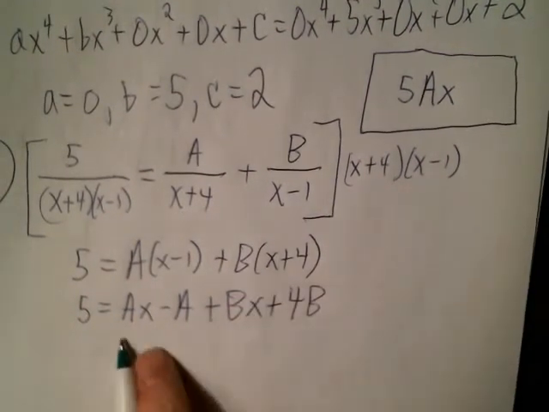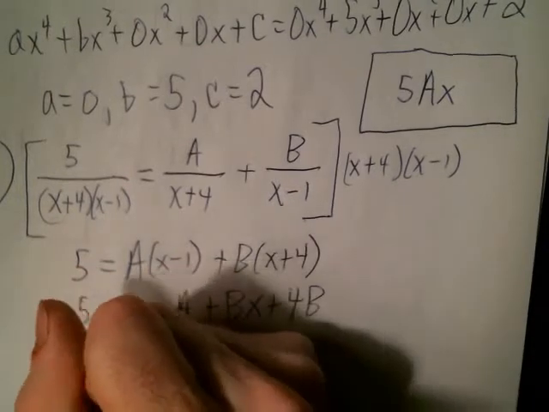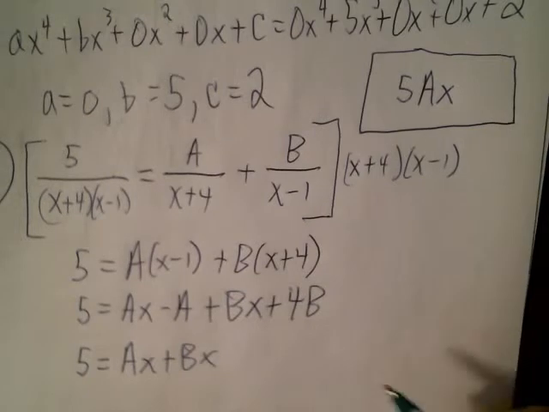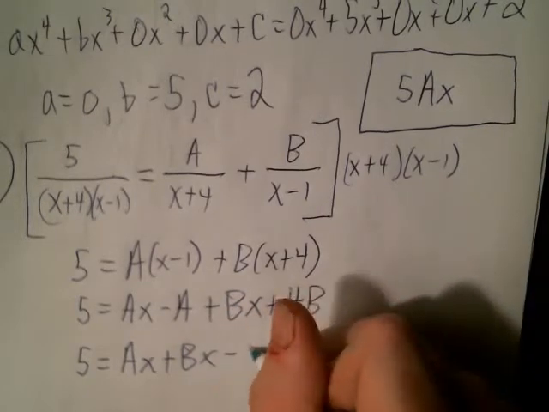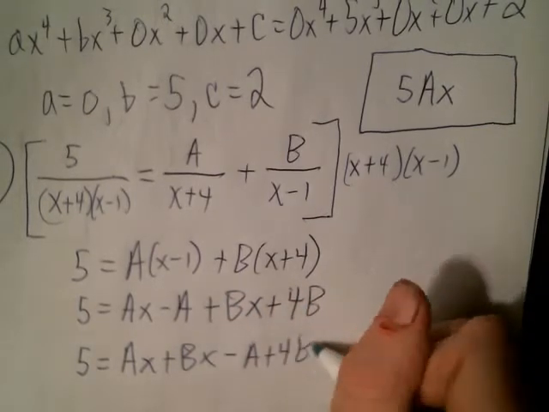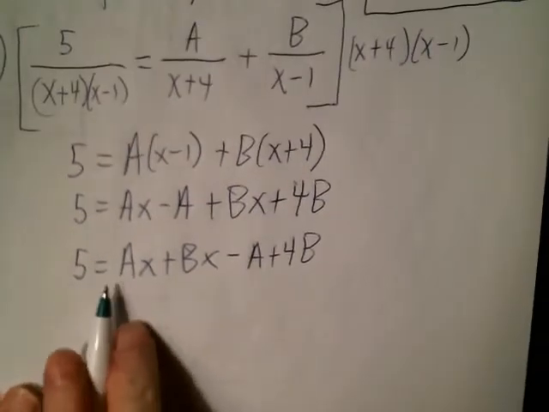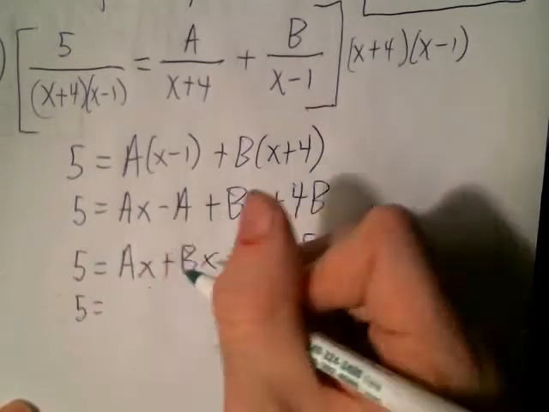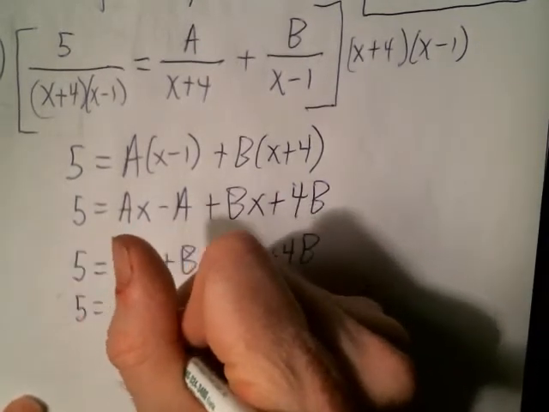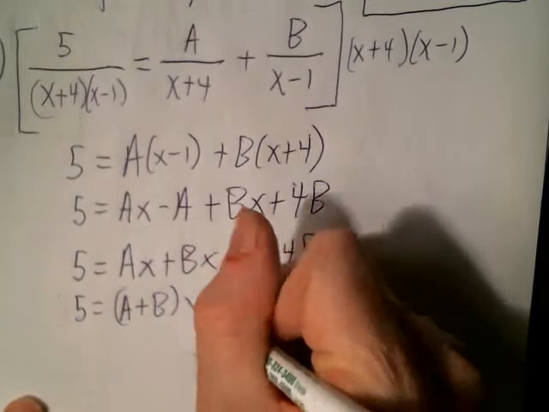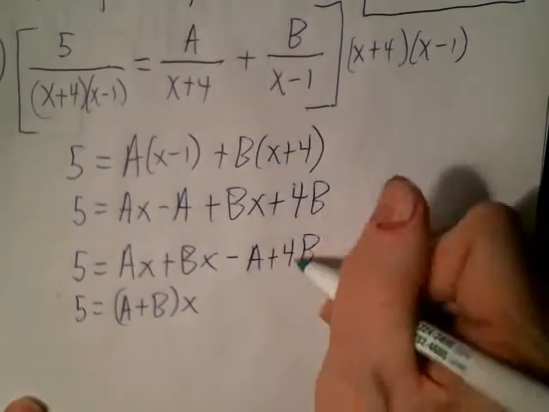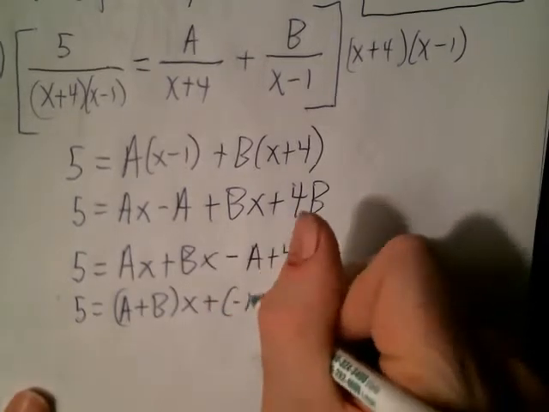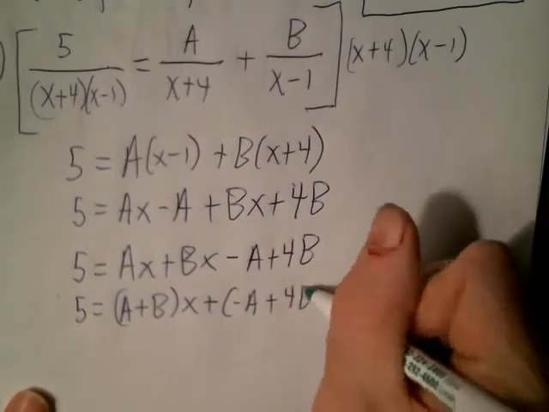Now we're going to collect like terms together. So 5 is Ax plus Bx, and then minus A plus 4B. And then I'm equating coefficients. It's not clear what the coefficients are until I factor. So A plus B times x, I factor out an x. And this term you think of as negative A plus 4B.